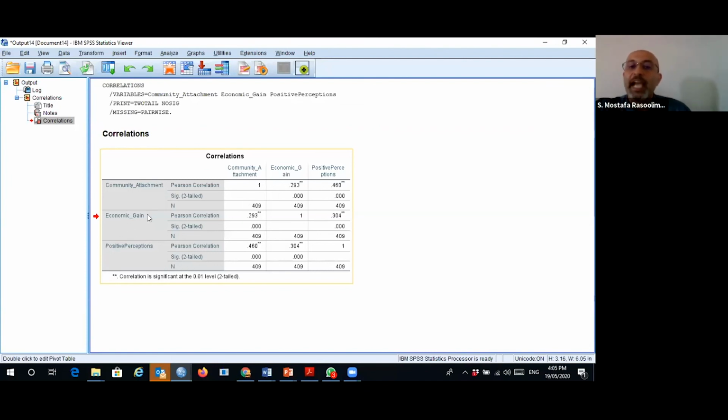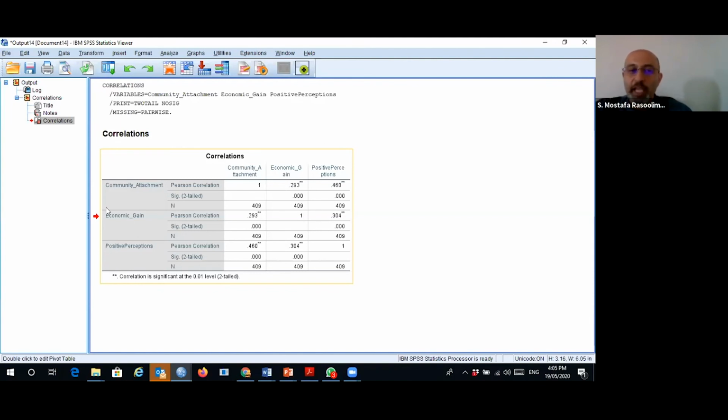Second one, economic gain and community attachment. This value is exactly the same as this value. Why? Because for correlation it doesn't matter whether you say correlation between community attachment and economic gain, or between economic gain and community attachment.